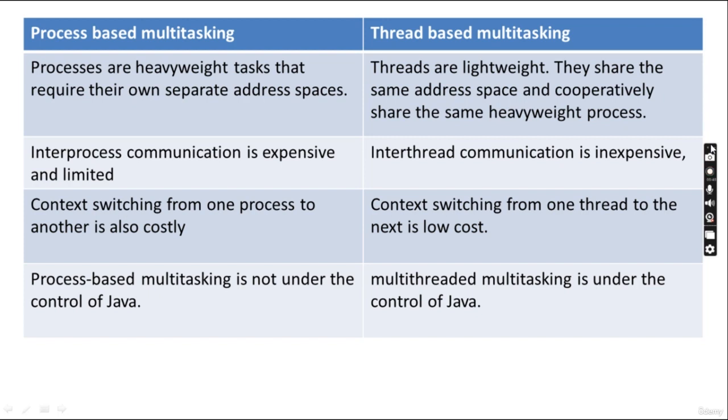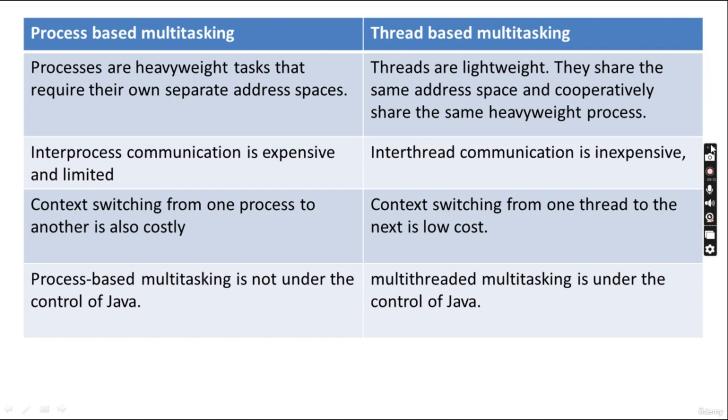Inter-thread communication is inexpensive because in the same program, we have divided it into multiple parts, and those parts are called threads. So it is very inexpensive to communicate between the parts of the same process, that is, the same threads. Context switching from one process to another is also expensive or costly. Why?